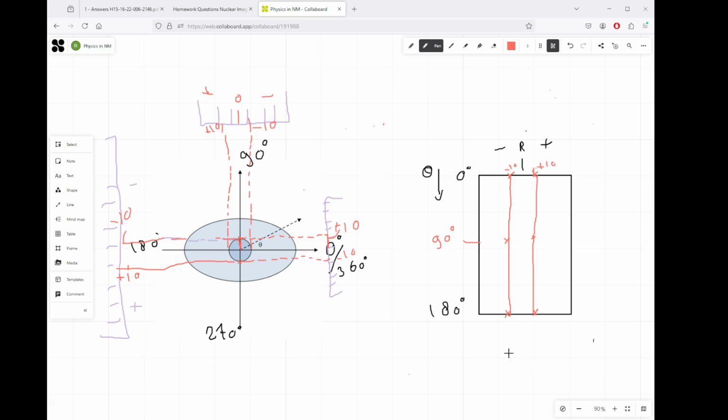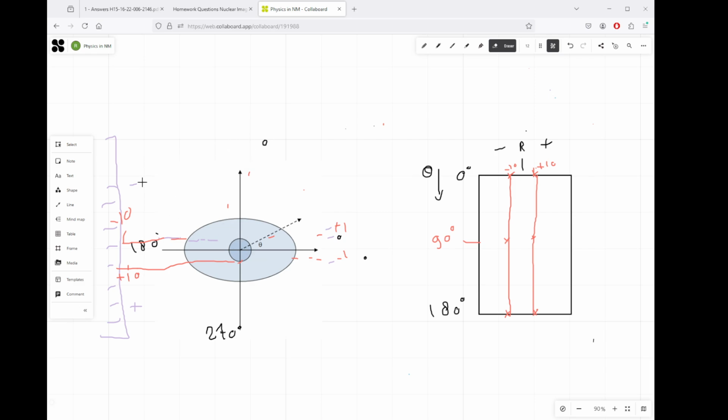Now we will focus on the ellipse, which is a bit more challenging. Let me erase everything. I'll put back the degrees later.